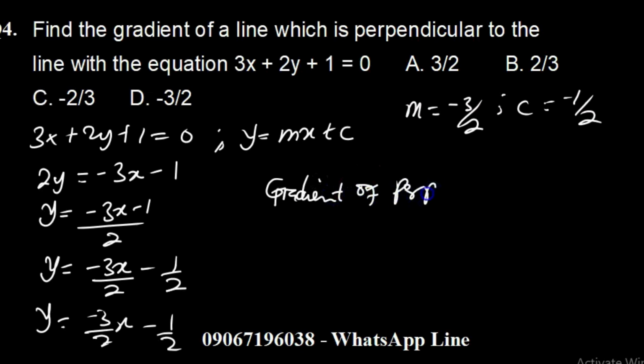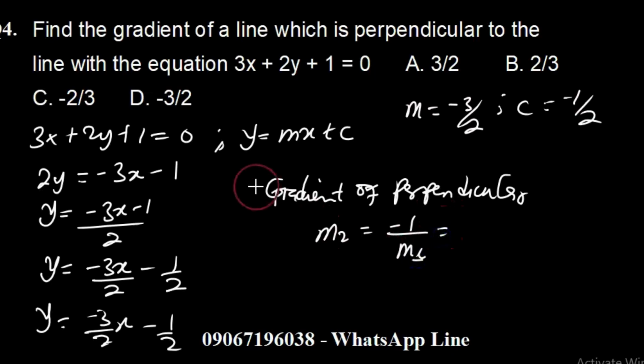The gradient of a perpendicular line, m2, is defined as the negative inverse of the gradient of the original line, which is m1. In this case, we know that m1 is equal to minus 3 over 2.